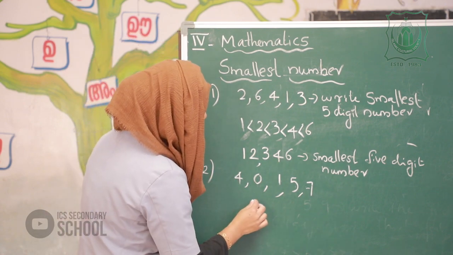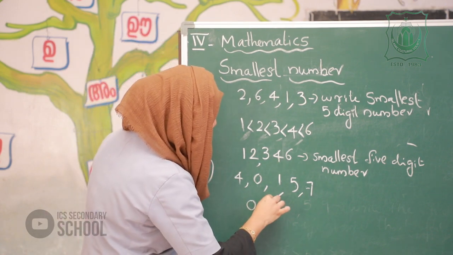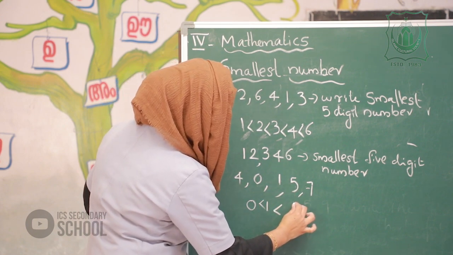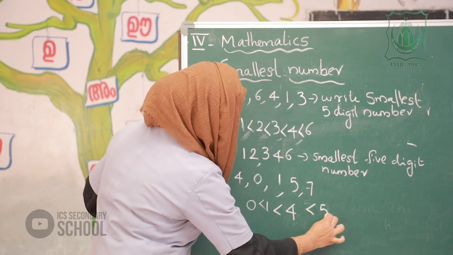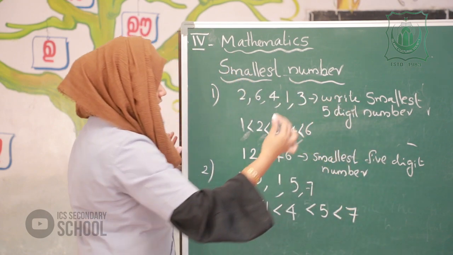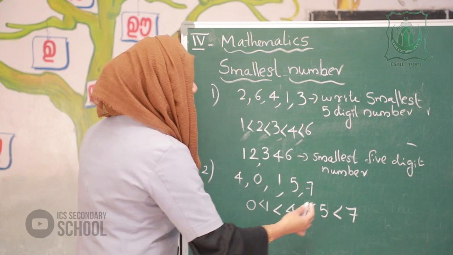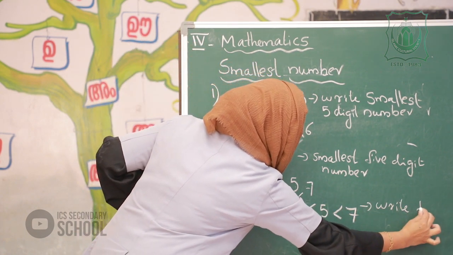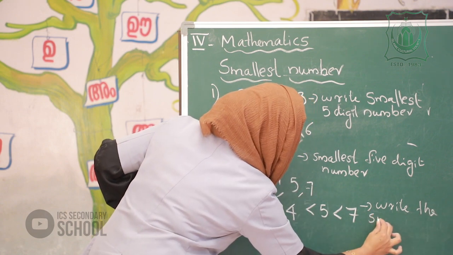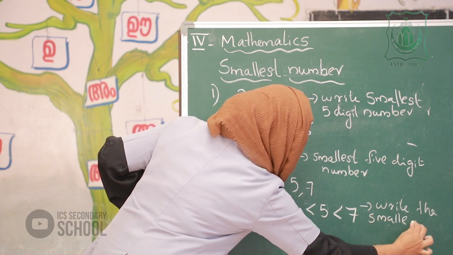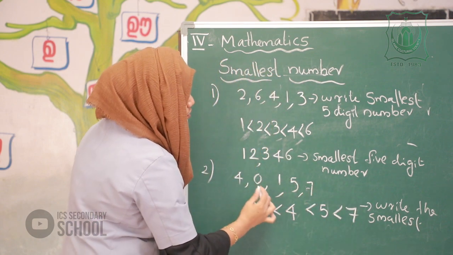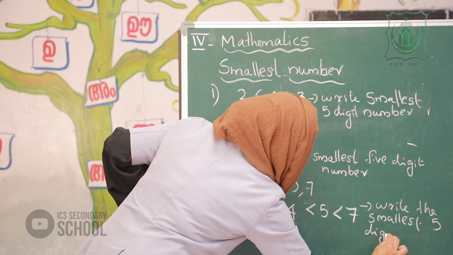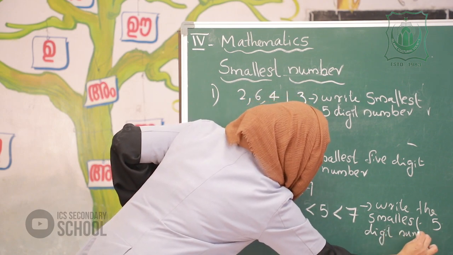Okay. 0 is first, then 1, then 4, 5 and 7. Write the smallest 5-digit number.